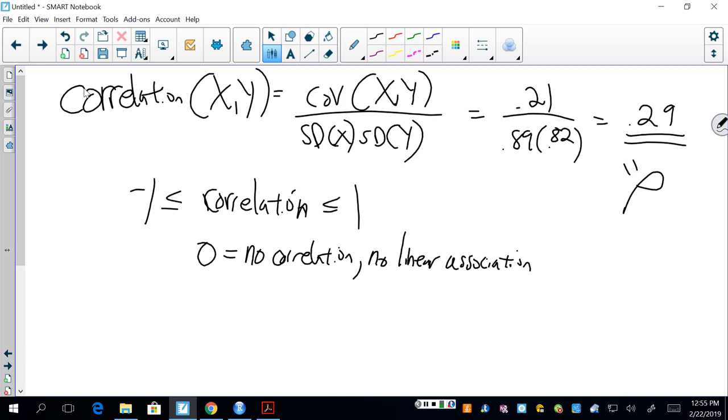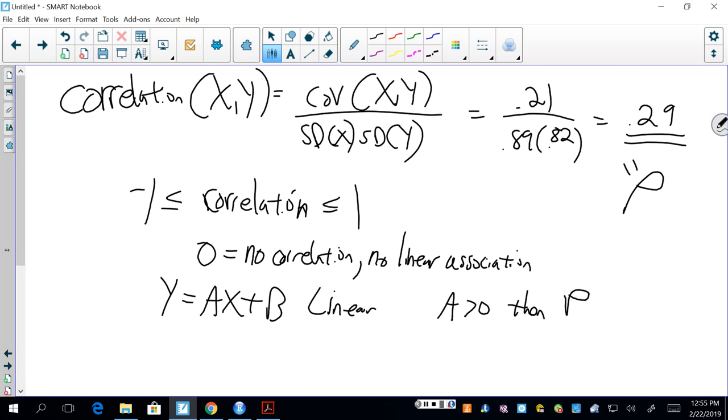X could be going up, and there's no telling where y is going to go. If it's 1, if there's a perfect straight line, if y equals ax plus b, if it is a linear association, if the a is greater than 0, then this correlation is 1.